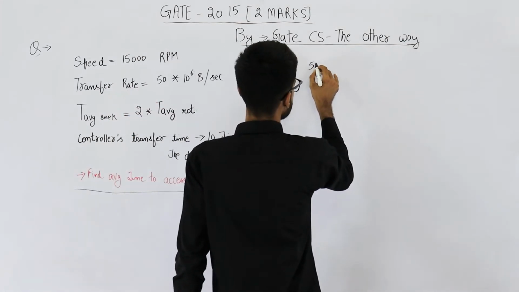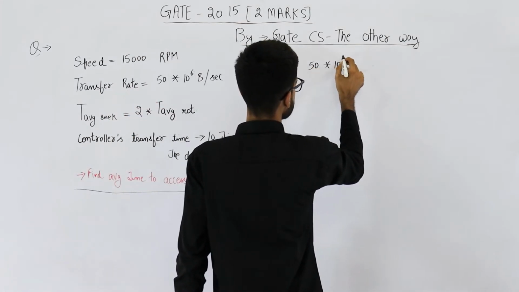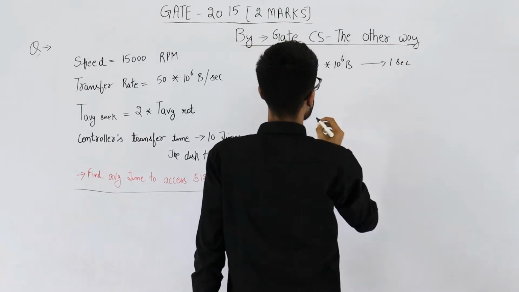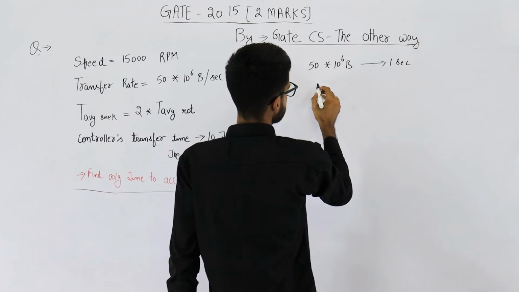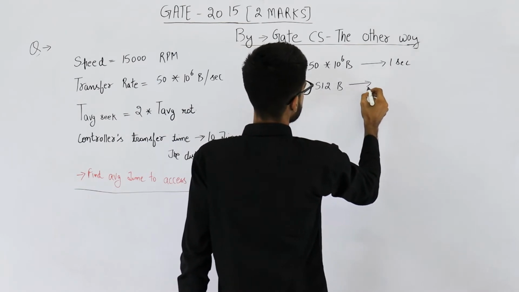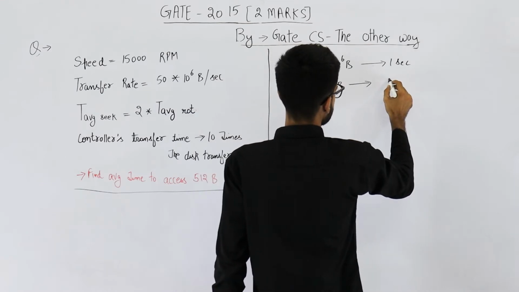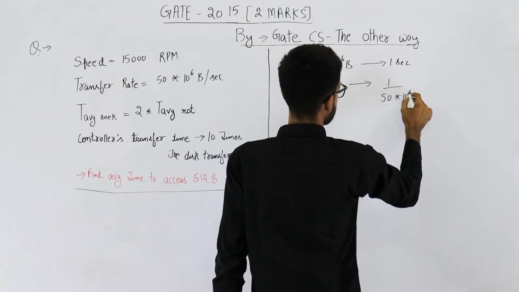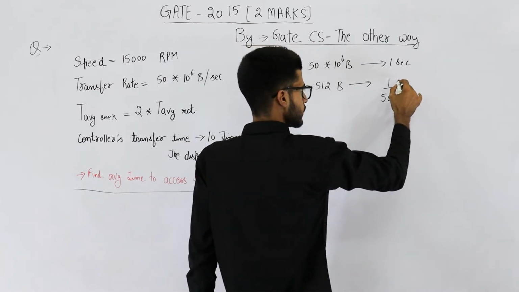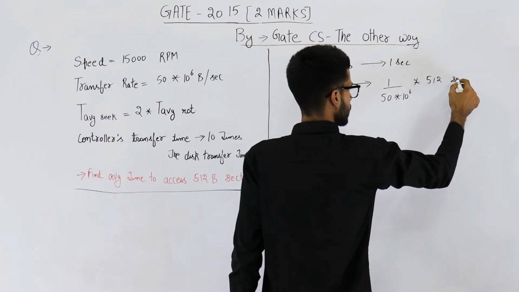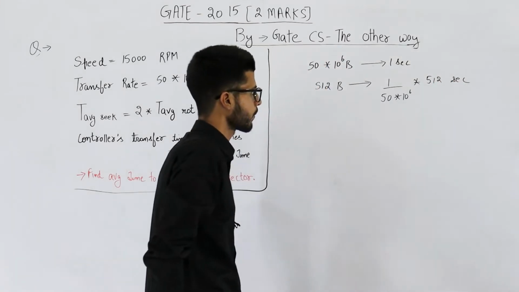So 50 into 10 raised to the power 6 bytes take 1 second. Then 512 bytes will take 1 upon 50 multiplied by 10 raised to the power 6, times 512, and the unit is seconds.